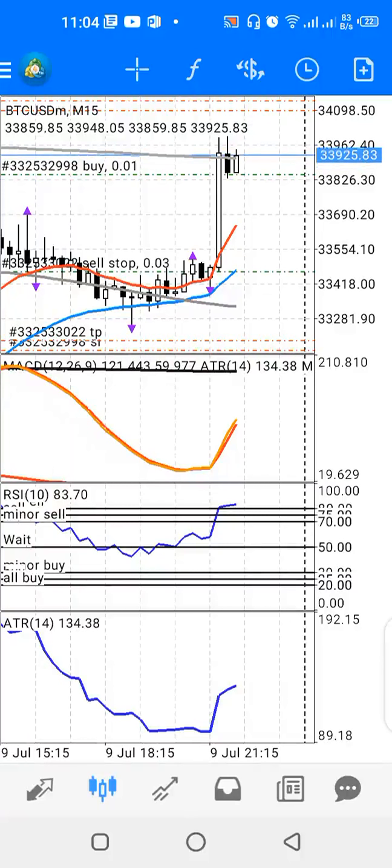Today we'll be looking at how you can trade BTCUSD with the GRAIL-EDGE strategy. Okay, I have the BTCUSD chart on my screen, and the time frame is the 15 minutes time frame.